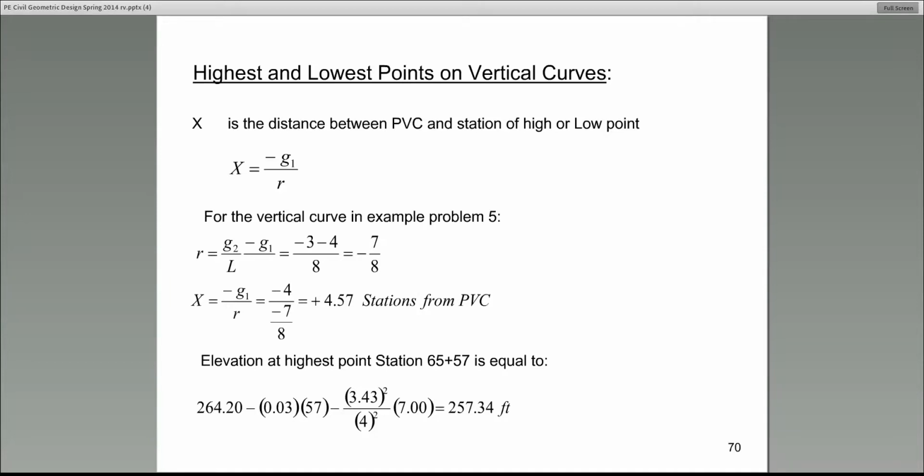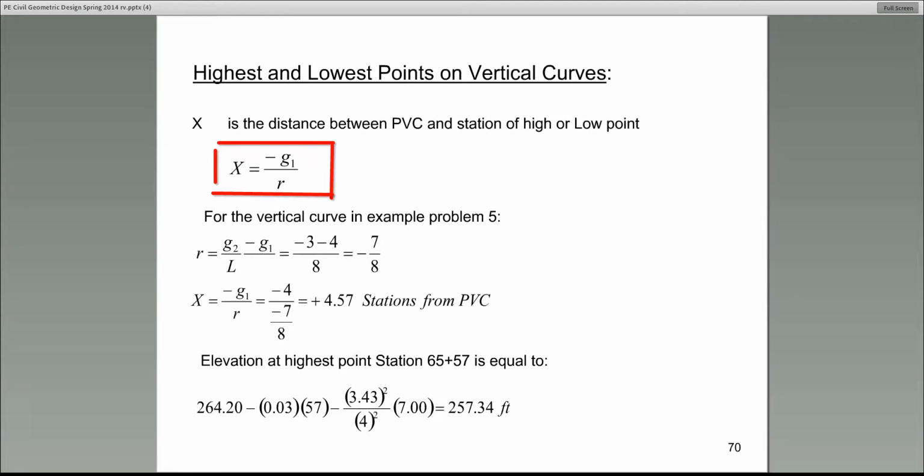What I'd like for you to do is solve these kinds of problems using this equation. This is a very straightforward, simple equation. X is equal to minus G1 over R. G1 is the gradient of the first tangent, the back tangent.